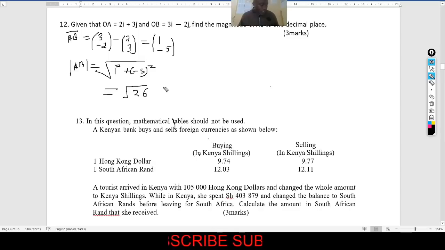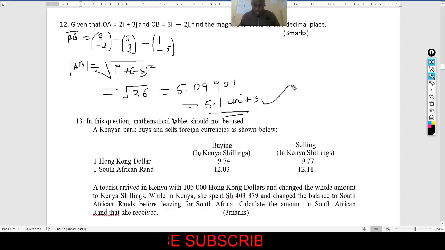The root of 26 is 5.09901. To 1 decimal place, that is 5.1 units, because you are not told what the unit is, so you say units. So that is the magnitude.